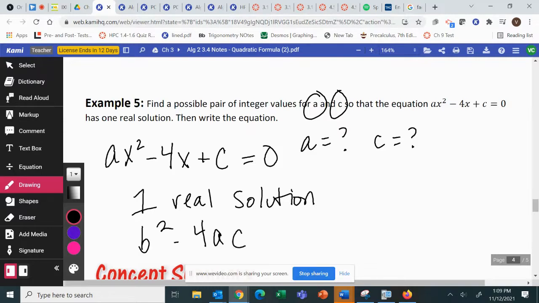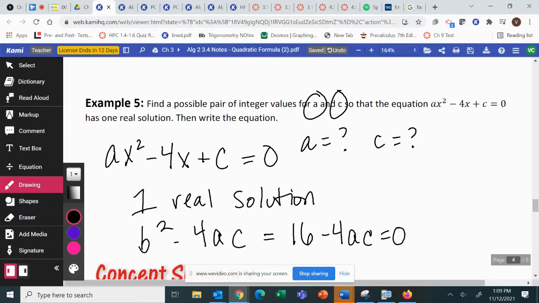Do we know something from B squared minus 4AC from this equation? We know B. So let's make this 16 minus 4AC. If this is going to have one real solution, what does 16 minus 4AC have to equal? It has to equal 0. So I'm looking for an A and a C that makes that true.